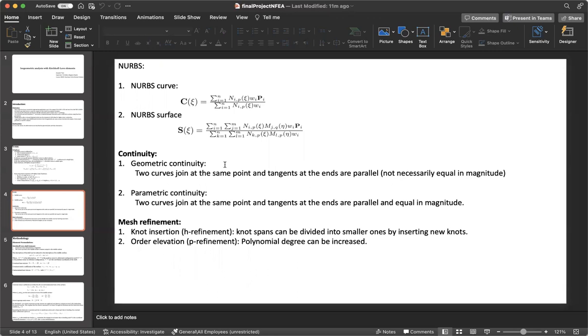In parametric continuity, two curves meet at the same point and the tangents are not just parallel but also the same in magnitude. Mesh refinement is similar to that of finite elements, but here we introduce new knots, which is similar to h refinement, and by increasing the degree of the polynomial p, we get p refinement.